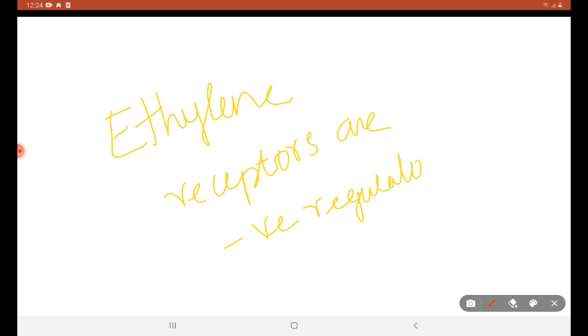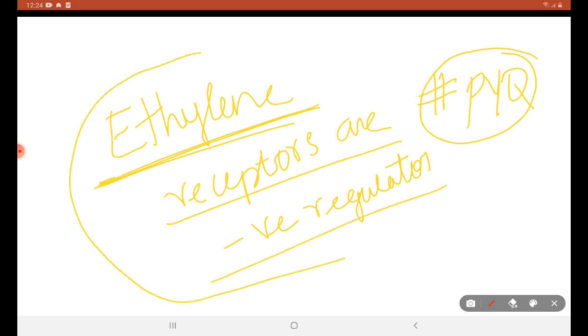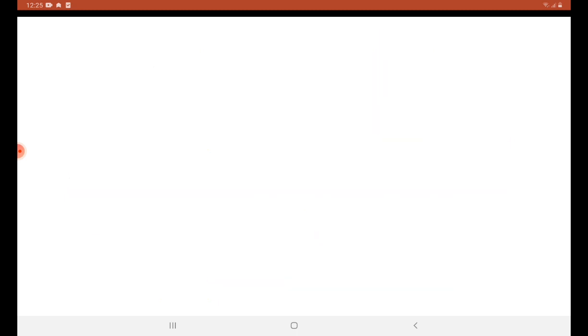This is also a previous year question. Easily we can get 4 marks in part C. Ethylene receptors are negative regulators. Please make a note of it. This is very important.